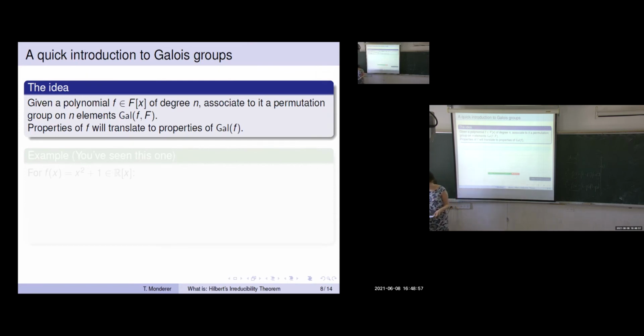What one normally does is imagine our polynomial has roots alpha 1 to alpha n, and then we have a permutation group that switches all those alphas around. Okay? And properties of the polynomial translate to properties of the group.